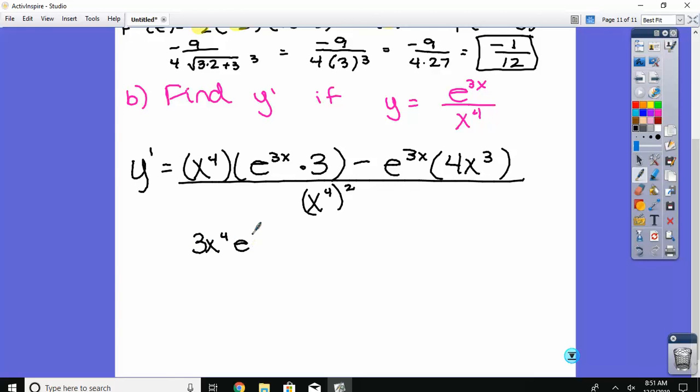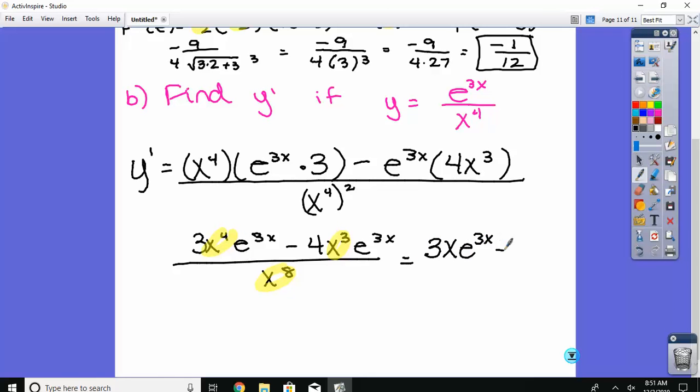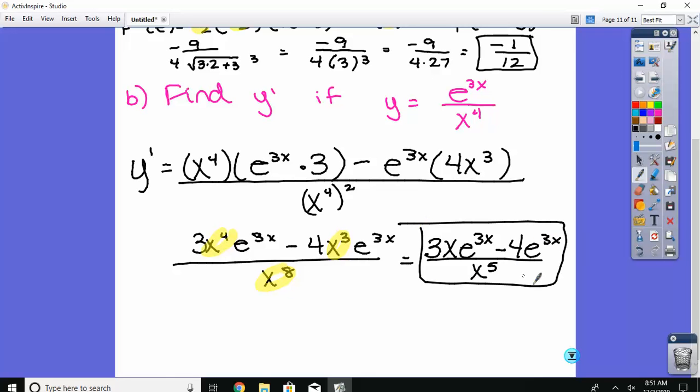Multiply. What can you reduce here? I can cancel out 3 of the x's, so you get 3x e to the 3x minus 4e to the 3x over x to the 4th. Yes, ma'am. Yeah, if you made it a negative 4, yes.